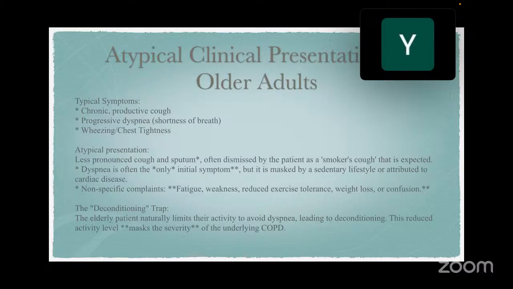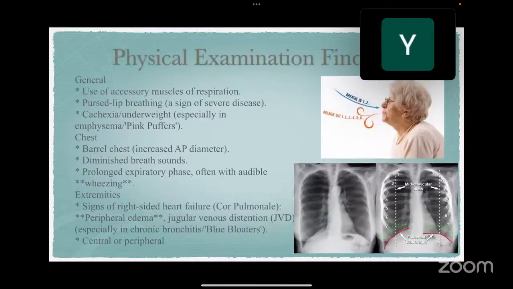Now we will talk about physical examination findings. We have general findings, chest findings, and extremities findings. The general findings of COPD are use of accessory muscles of respiration, pursed lip breathing, cachexia, and being underweight. These general signs most likely indicate severe disease.